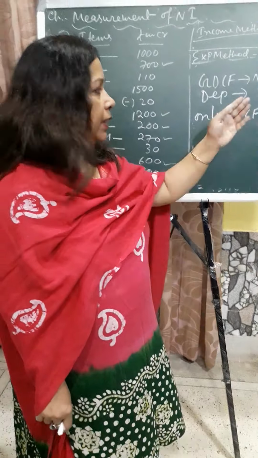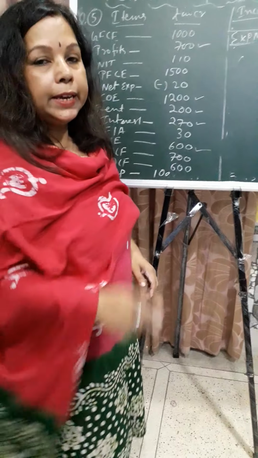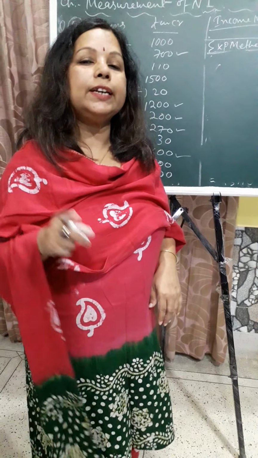So you write. In the expenditure method, we know that first we have to calculate GDP MP. But in such a situation, depreciation not given, GDCF not given, only NDCF given. So how to calculate?